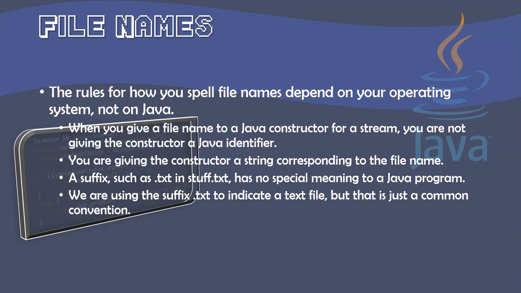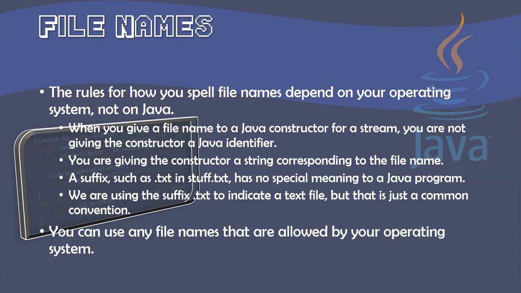Of course, we're using .txt for text files because that's a pretty common extension here. You can write to other types of files, but you might have different encoding and stuff like that you have to handle. One of the reasons we deal with text files is that we don't have any other special rules we have to adhere to. And as I mentioned, we only use file names that are allowed by the operating system itself.